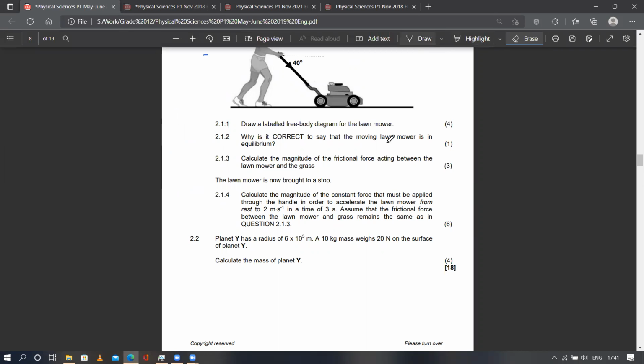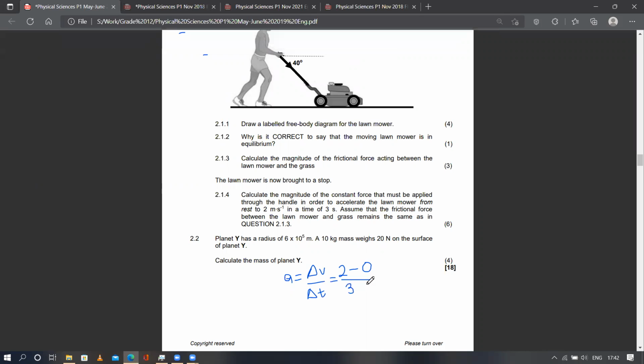Firstly, we have to determine our acceleration. So we know that our acceleration is the change in velocity divided by the change in time. So in this case, our final velocity is going to be 2, our initial velocity is 0, and our time is going to be 3 seconds.